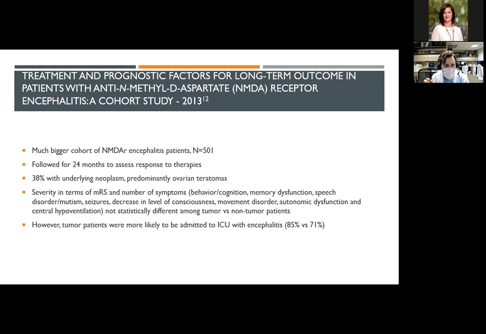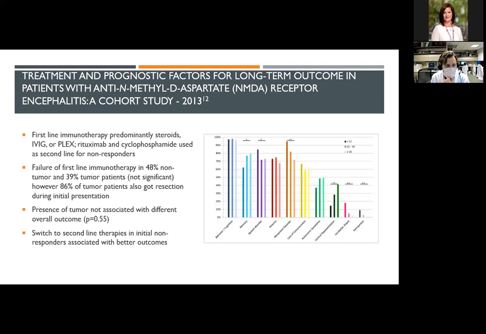It's 500 patients that they followed for 2 years and looked at both with neoplasm and without. What they used as first line, which is what pretty much everyone uses, are steroids, IVIG or Plex.